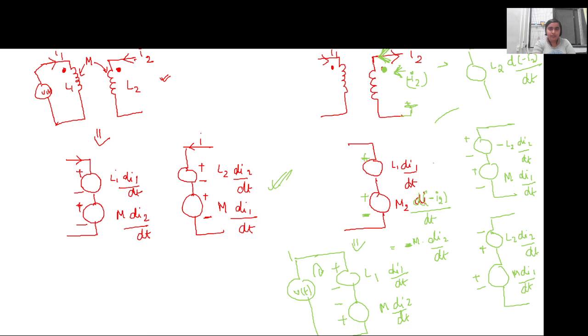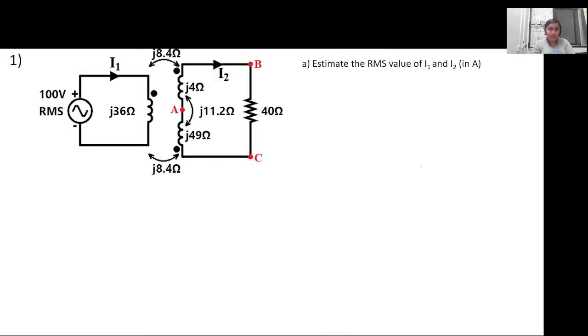Okay, then let's move to the first question. There is a circuit given in which the primary is connected across a sinusoidal voltage, the RMS value is given as 100 volt. It is connected across the inductor which has an inductance of J36 ohm, right?